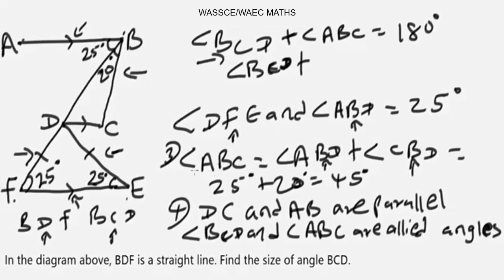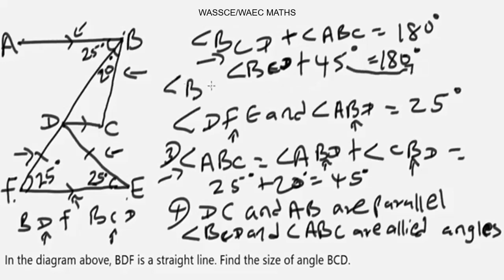Our ABC here, in this three facts we established, is 45 degrees, equals 180 degrees. Now to make BCD the subject of the formula, this 45 degrees crosses over the equality sign and changes to negative. So therefore our angle BCD we were asked to find will be 180 degrees minus 45 degrees.